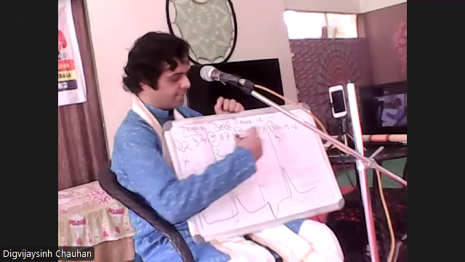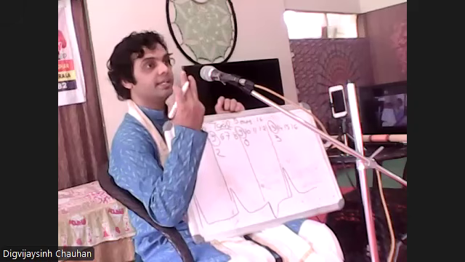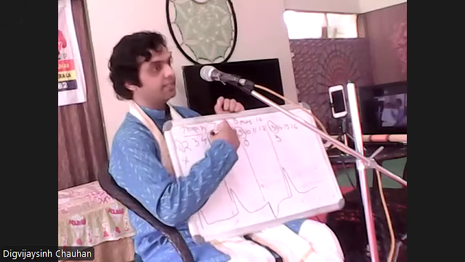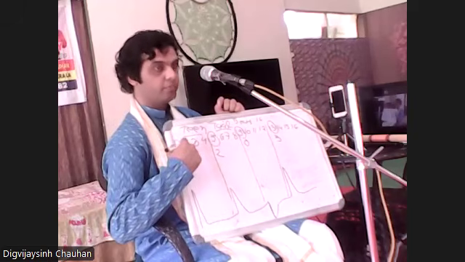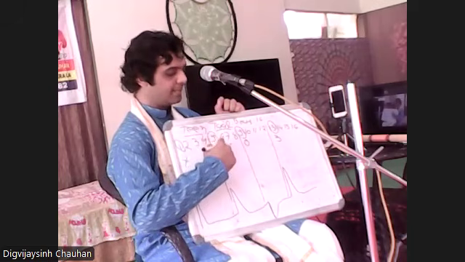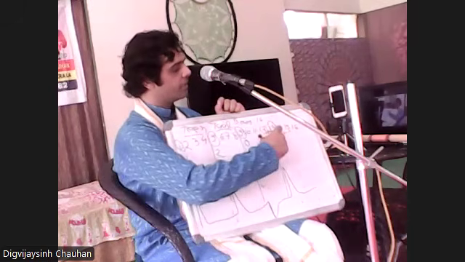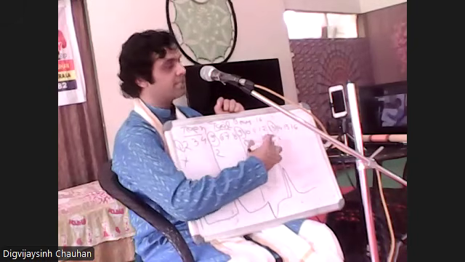Because it has 3 talis in it, it is called teen tal. Teen in Hindi is 3. So 3 talis, so teen tal it is called. Is it clear? Sum on the first beat, second tali on beat number 5, khali on beat number 9, and the third tali on beat number 13.